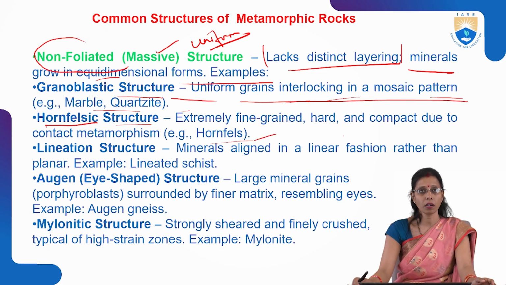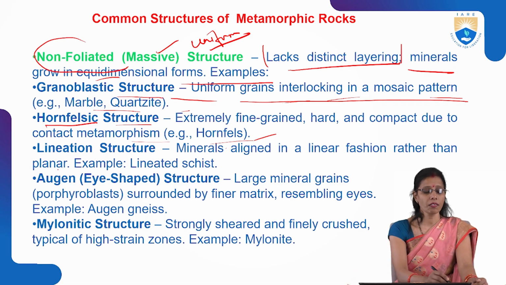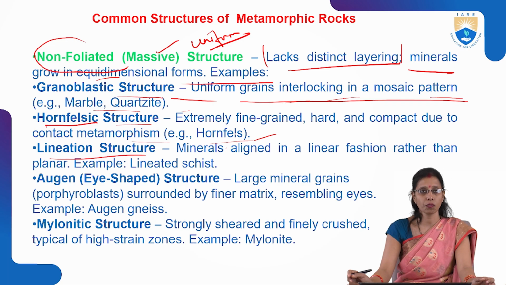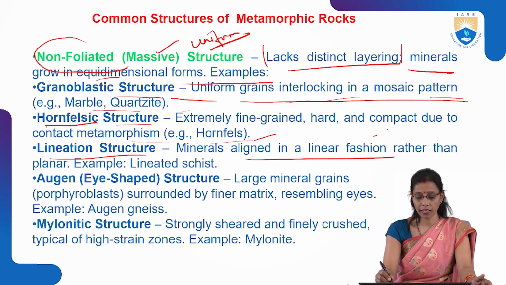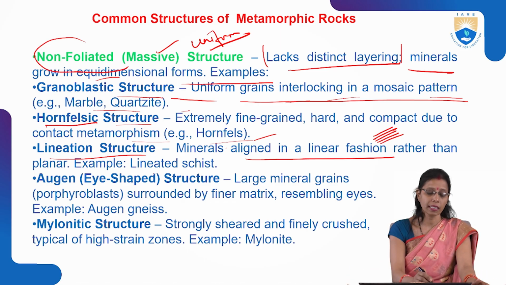Now you have a lineation structure. Lineation structure is where minerals are aligned in a linear fashion, in a planar way. We call it lineated schist.